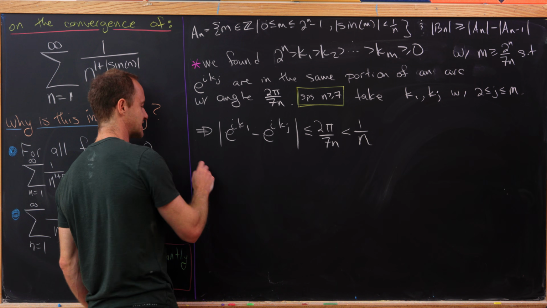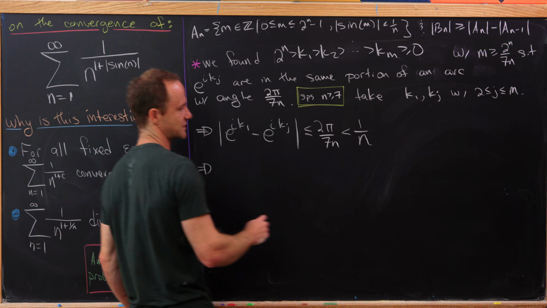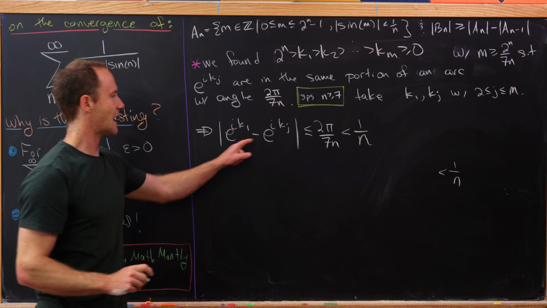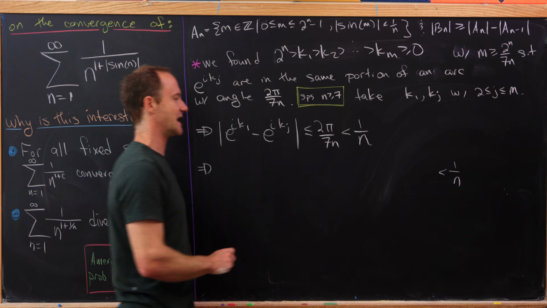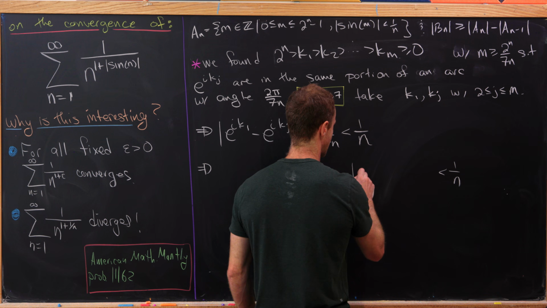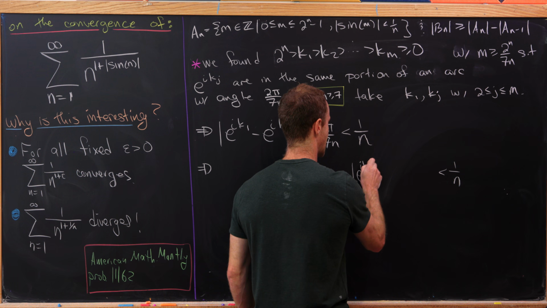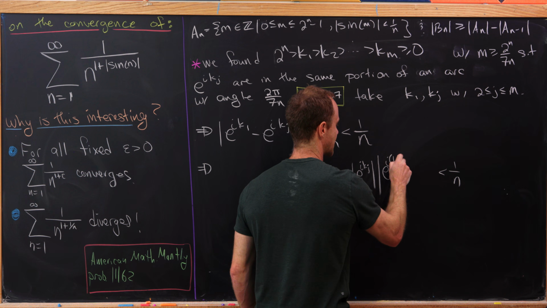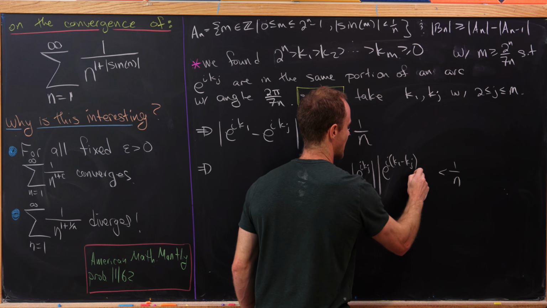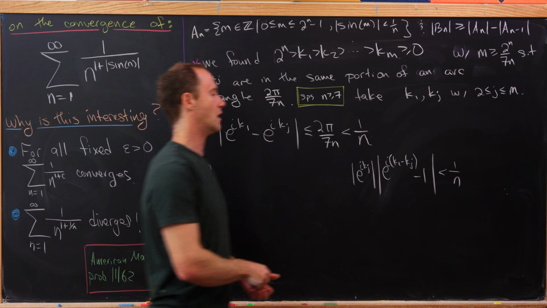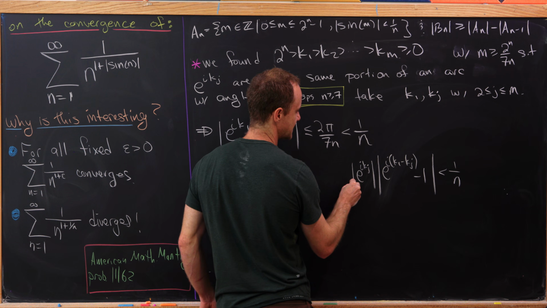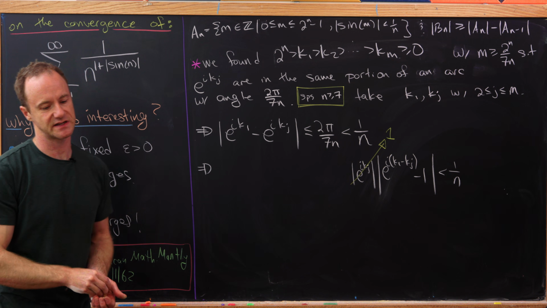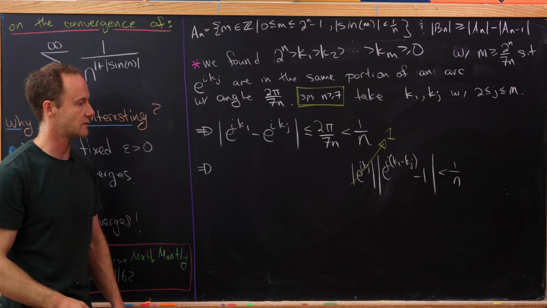Now let's extend this inequality out. I'm going to put the 1 over n way down here, and then I'm going to factor out an e to the i k_j. That gives me a modulus of e to the i k_j, and then we multiply that by e to the i (k_1 minus k_j) minus the number 1. But now e to the i k_j, after we take the modulus, is equal to 1, because that's on the unit circle.